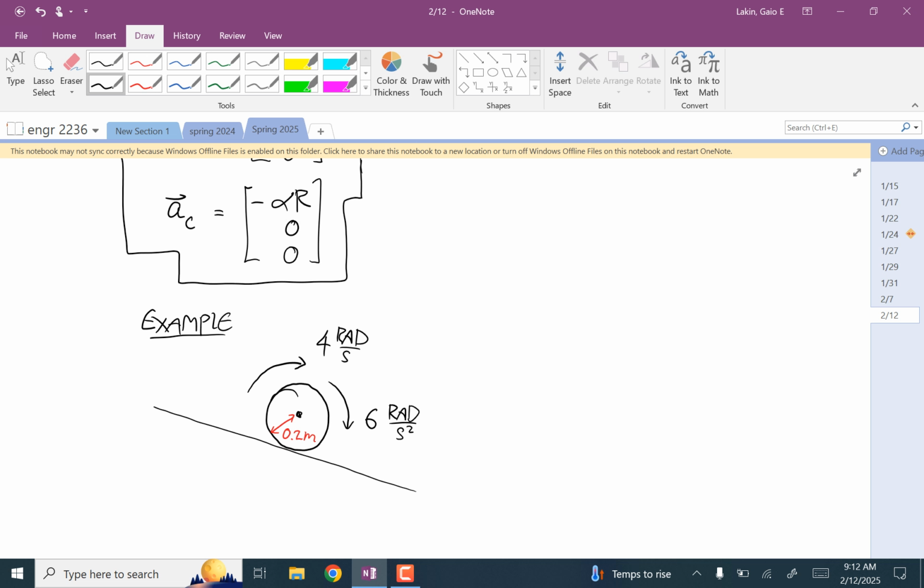And let's figure out the velocity and acceleration at the center. And then let's calculate the velocity and acceleration at the contact point.